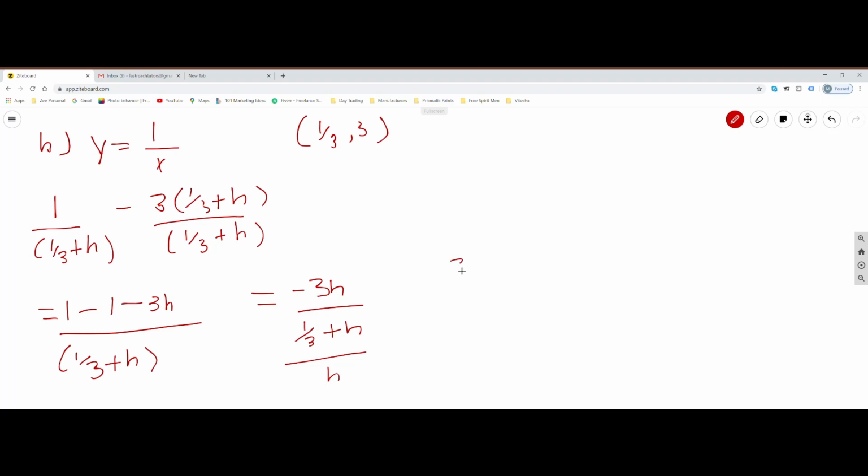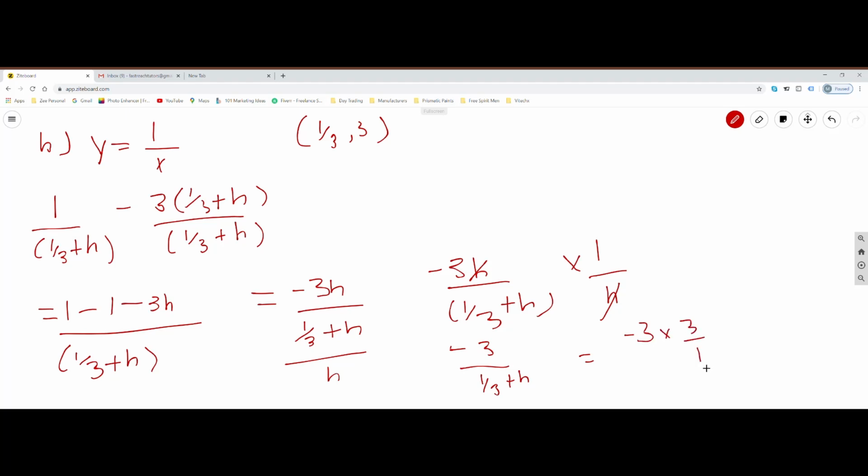So equals 3h, 1 plus 3 plus h. Then you multiply by 1 over h. The h's cancel, and you're left with -3 over 1 over 3 plus h. When you substitute h as 0, you're left with -3 times 3 over 1, which is -9.